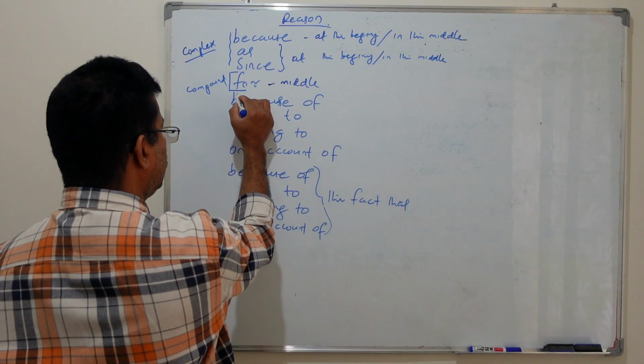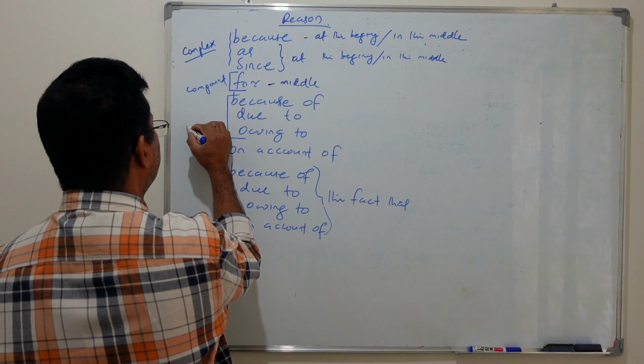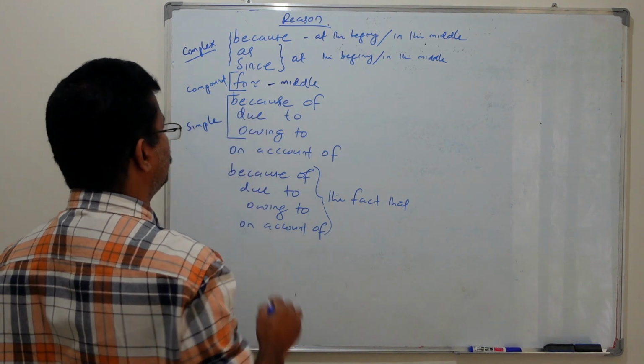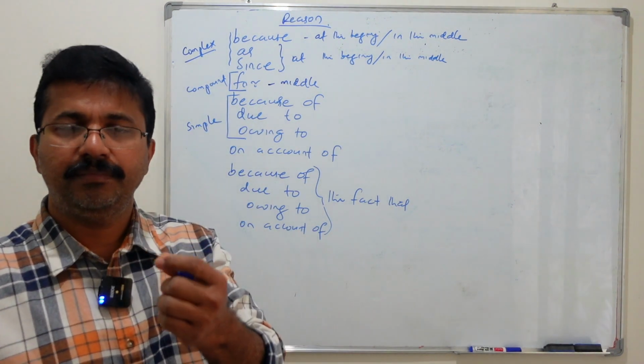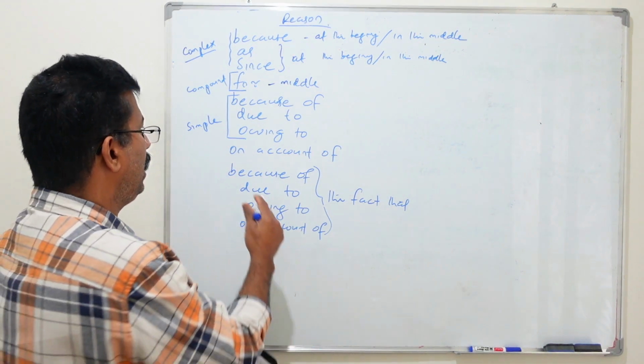When you make a sentence using because of, due to, and owing to, you are making a simple sentence, because you are getting just one main clause, which is equal to a simple sentence.